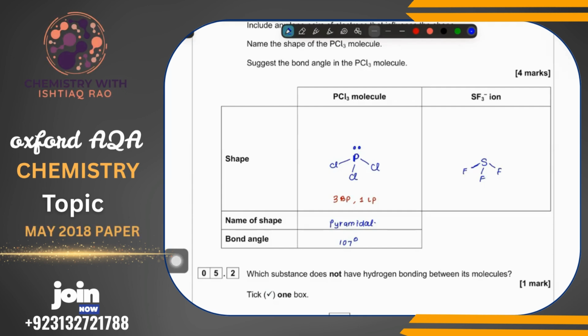So the rest of the electrons remaining would be one, two, three, four, because it's going to have six electrons already. And of course, it has a negative charge as well, so I have to write down one more electron. So it would be having three bond pairs and two lone pairs. Okay, three bond pairs and two lone pairs.